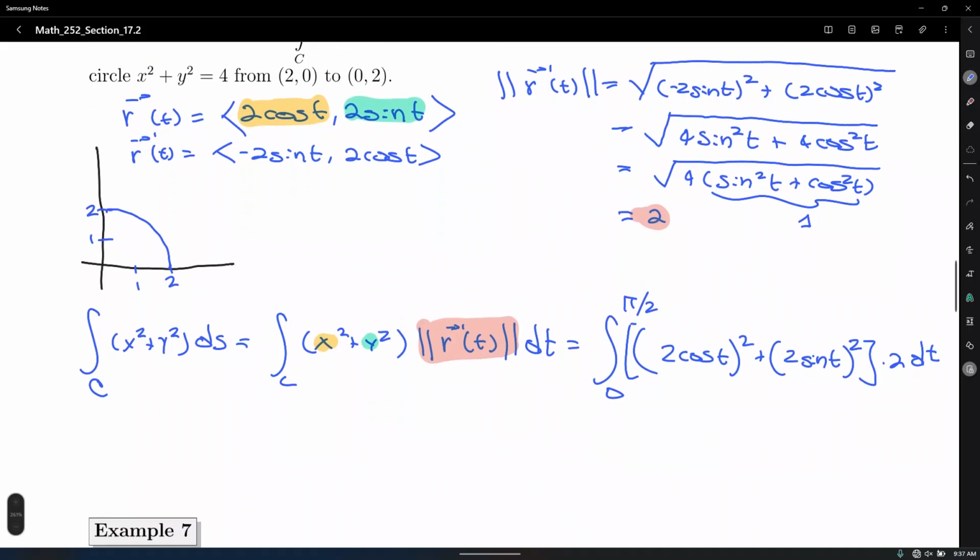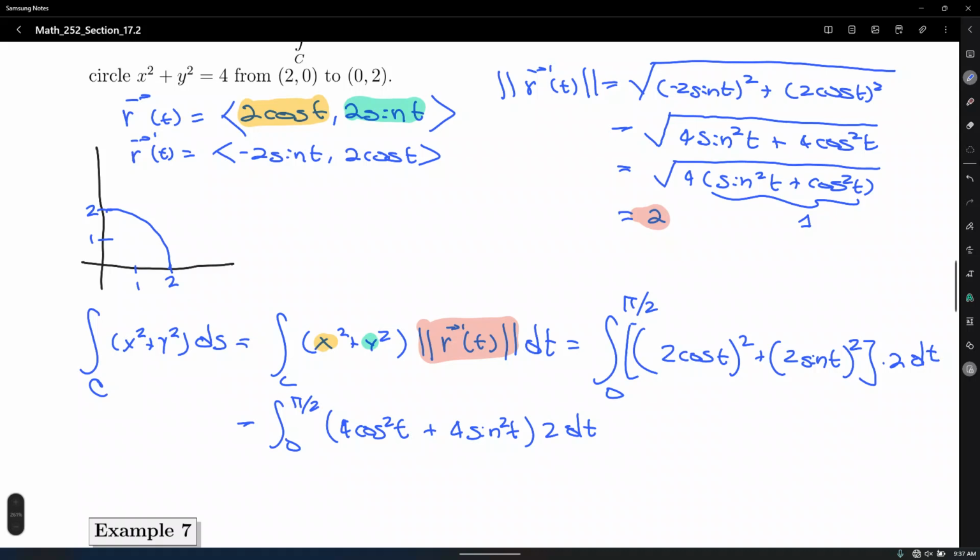So what is that going to give us? The integral from 0 to pi over 2 of 4 cosine squared t plus 4 sine squared t times 2 dt. How about we factor out the 4?